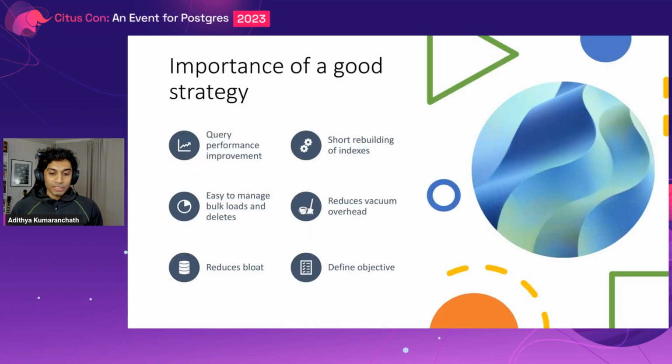So to talk about partitioning strategy, there are several motives for partitioning a table. By partitioning huge tables, we are splitting them into smaller tables. And of course, that can improve query performance because now instead of scanning through the entire table for the results, the query is going to scan only those smaller tables. And due to partition pruning, the query is going to scan through only a subset of data rather than scanning the whole table.